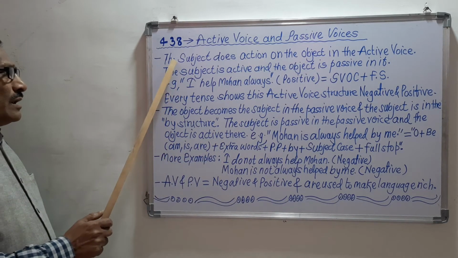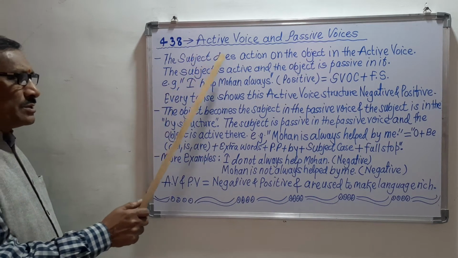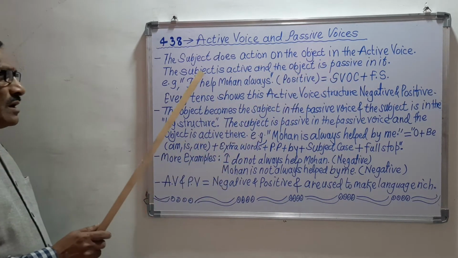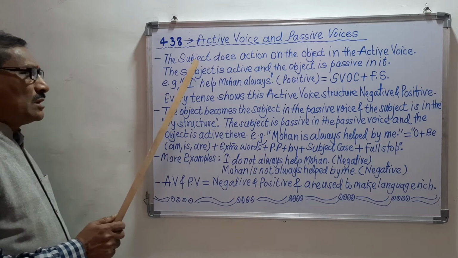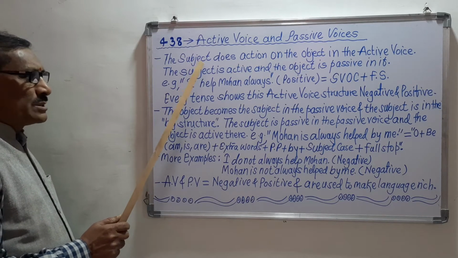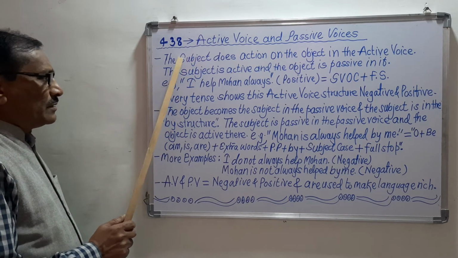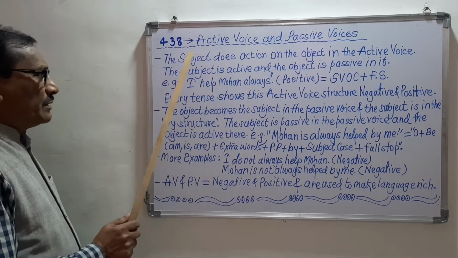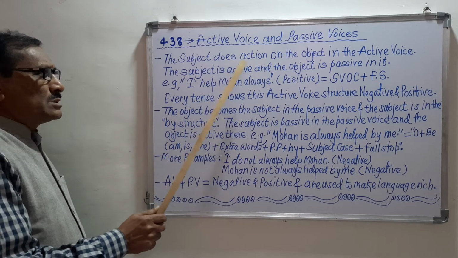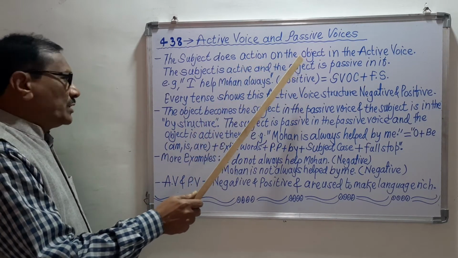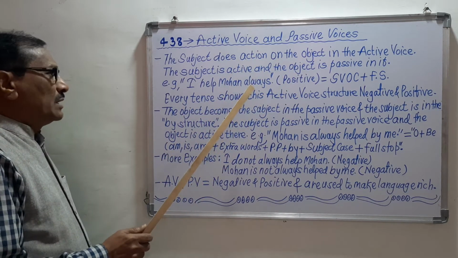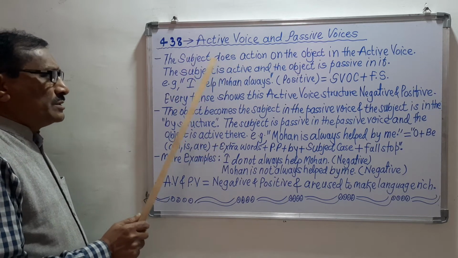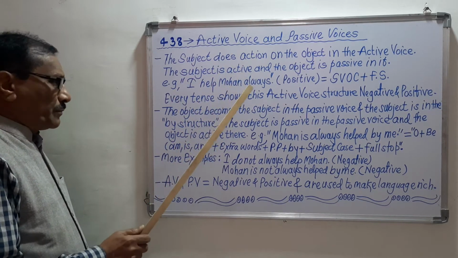See, the subject does action on the object in the active voice. Remember, when we discuss the active voice, the subject is important there, and the subject does its action on the object. Means there is one object, and on that object the subject does the particular action.